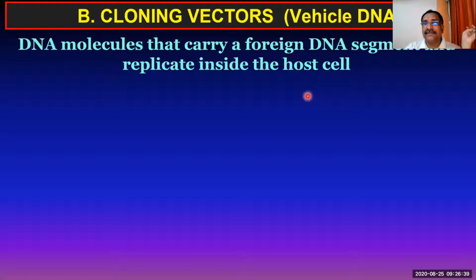In addition to this bacterial DNA, you can see in bacteria certain ring-like structures like this. This is also DNA, but it is an extra chromosomal genetic material.